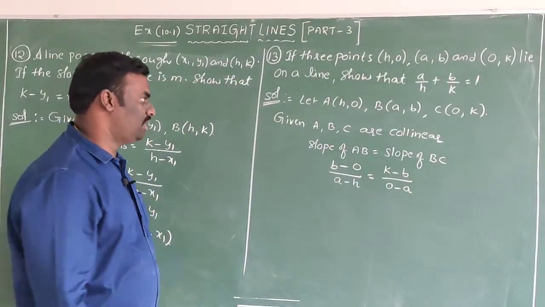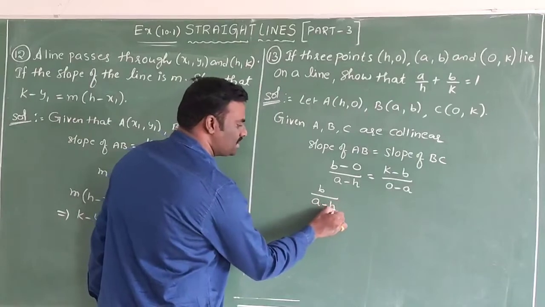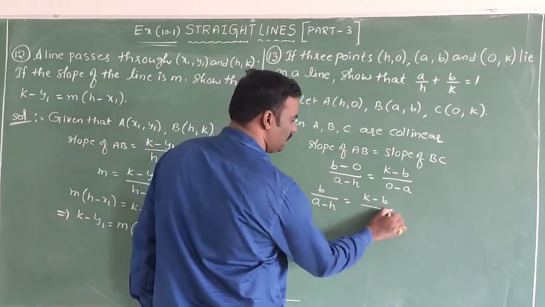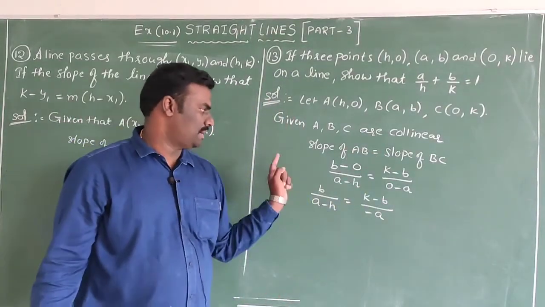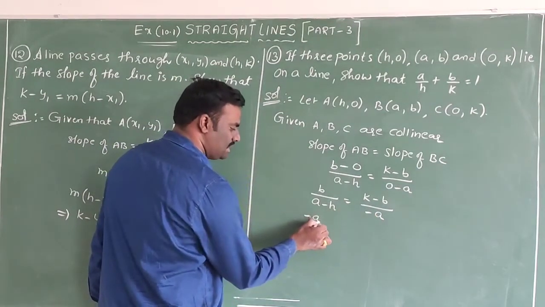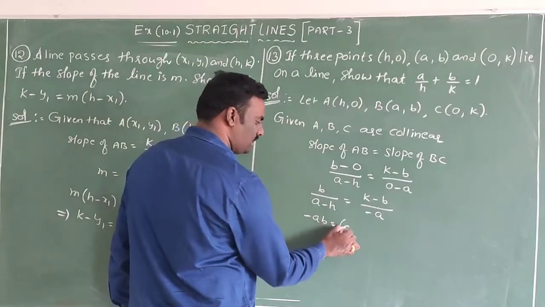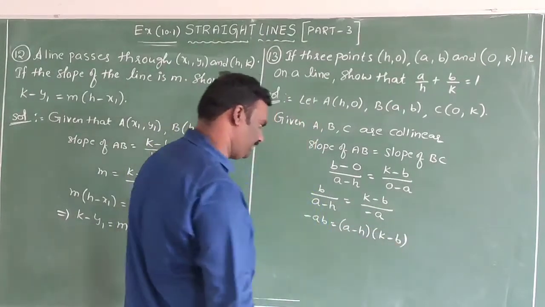Now finally what you will get? B by a minus h is equal to k minus b by minus a. Cross multiply. Now minus a into b, minus ab, that equals a minus h into k minus b.